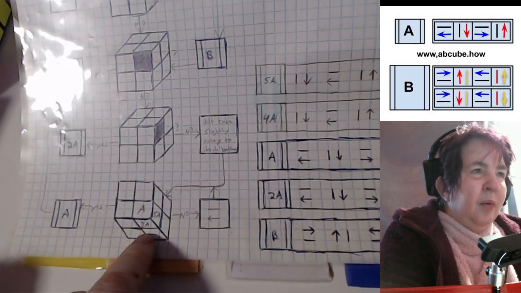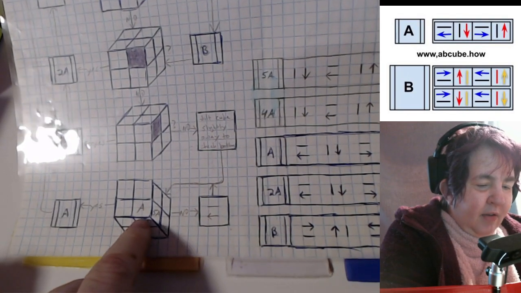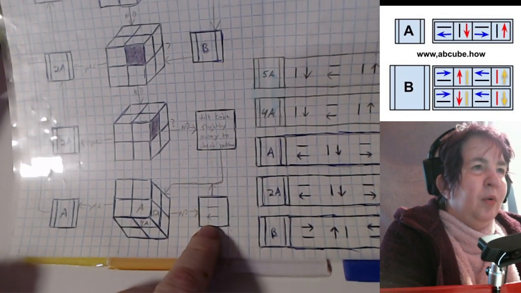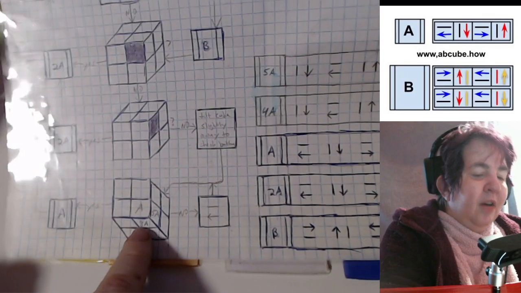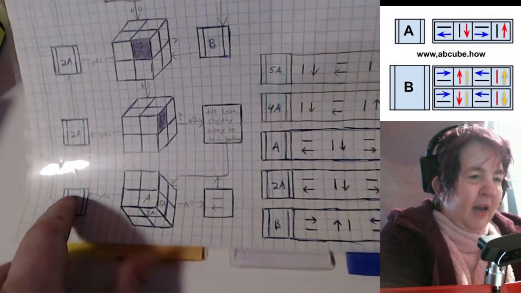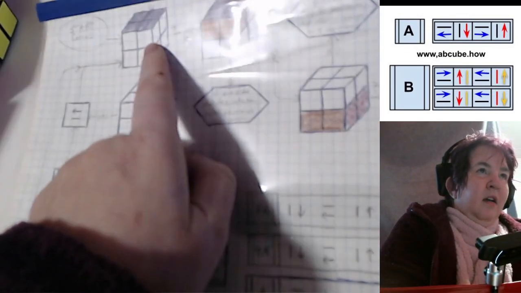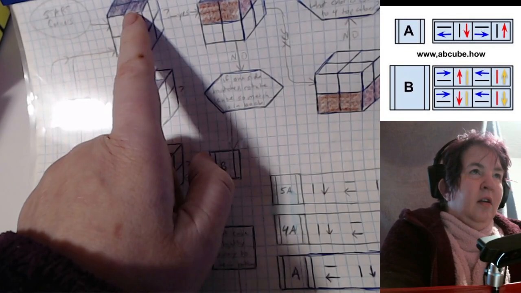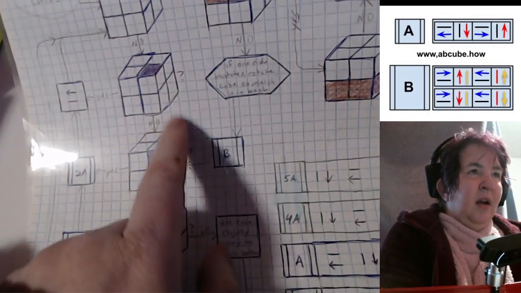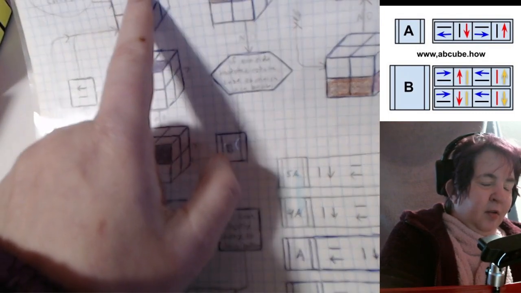And is it anywhere on here? If the answer is no, rotate the bottom 1/4 turn and ask your question again until the answer is yes. And then you do Formula A and go back to the top and say, is it your color on all four tops? Is it on this one top? If the answer is yes, then you rotate the top to keep it safe and ask the question again.